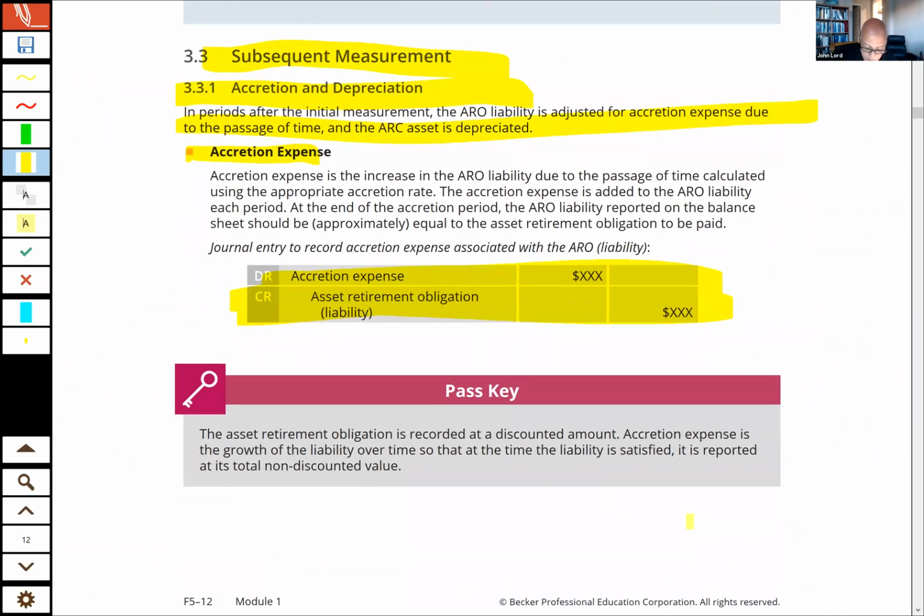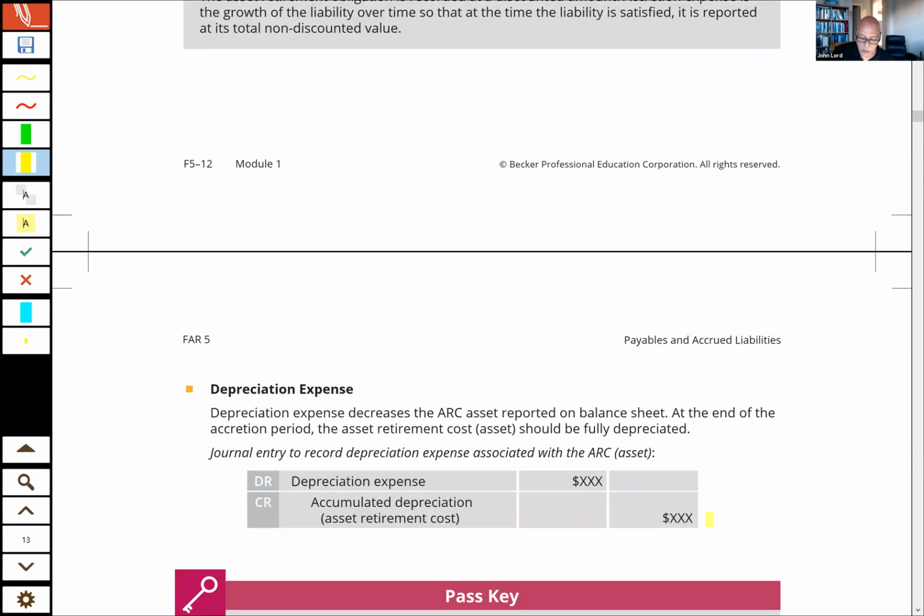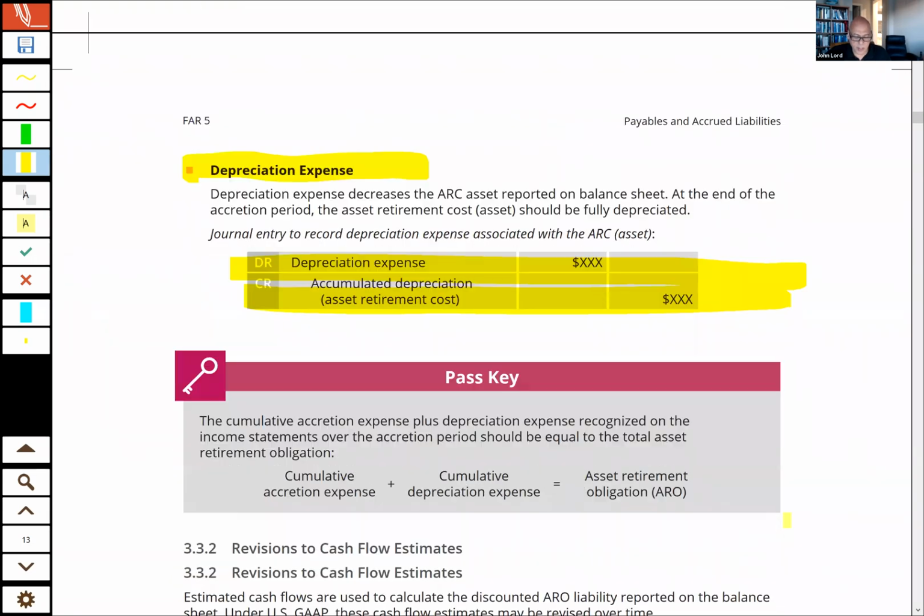Then what happens? We will also depreciate the asset at the same time that we set up by debiting expense and crediting the accumulated depreciation. Okay. Now you look at all that and you're kind of like, okay, what the heck are we talking about here, right?